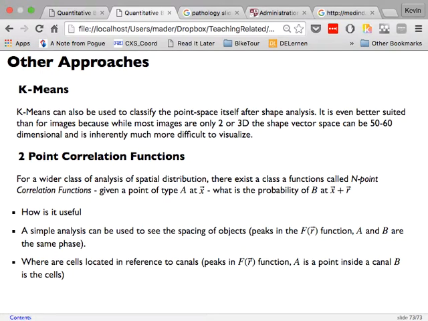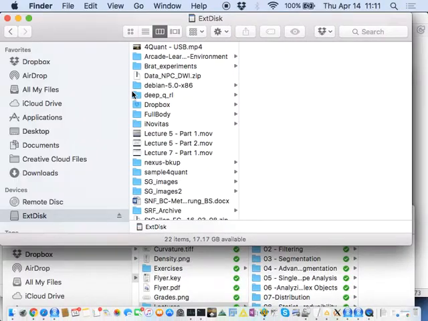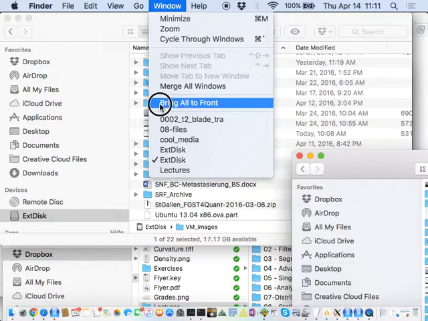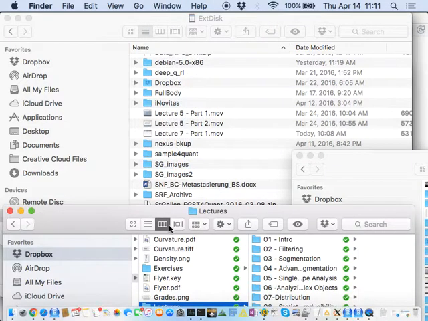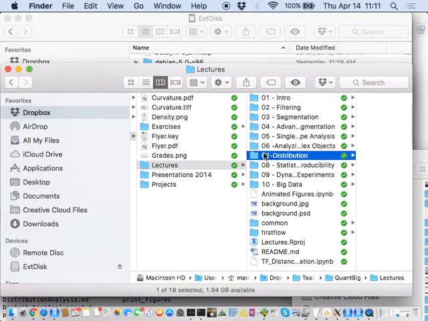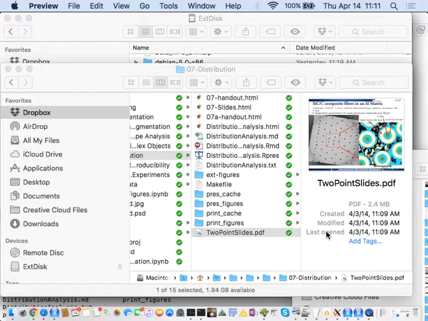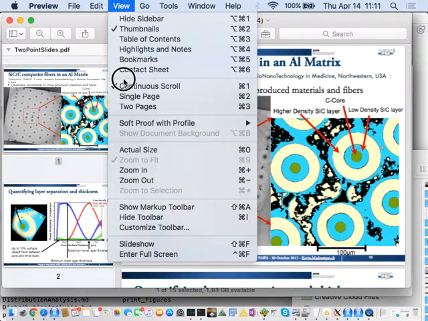So here is a simple example, just to show it quickly.